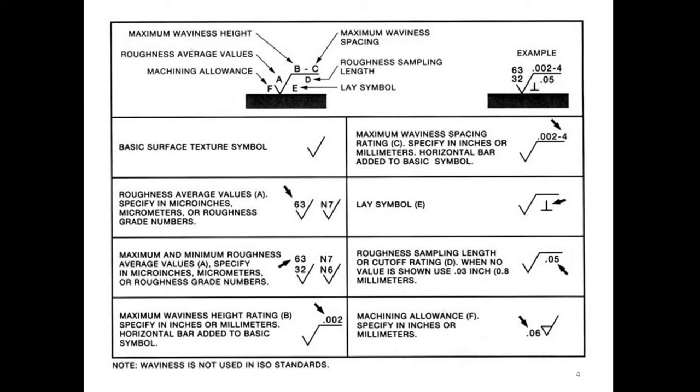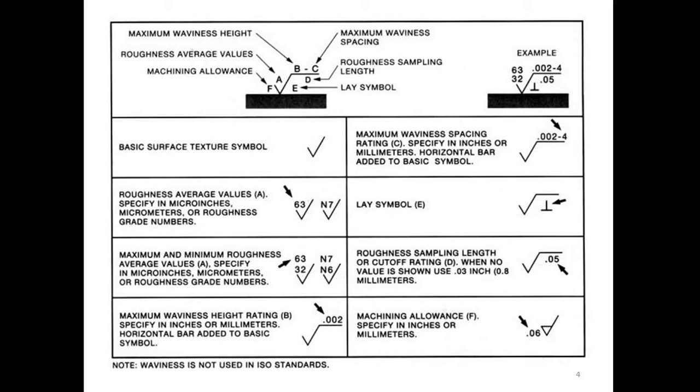The example given is 32 to 63 micron, 0.002-4, 0.05, and the lathe symbol is perpendicular.